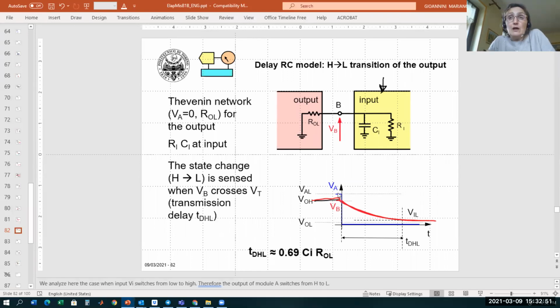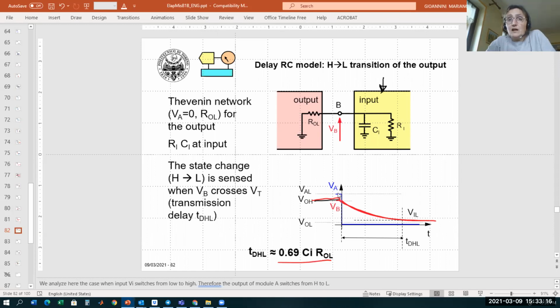This calculation, however, is not requested of you, I mean, students in applied electronics of computer engineering. I tell you that if you do that, the final result will always be an expression where this delay can be roughly approximated with this formula.